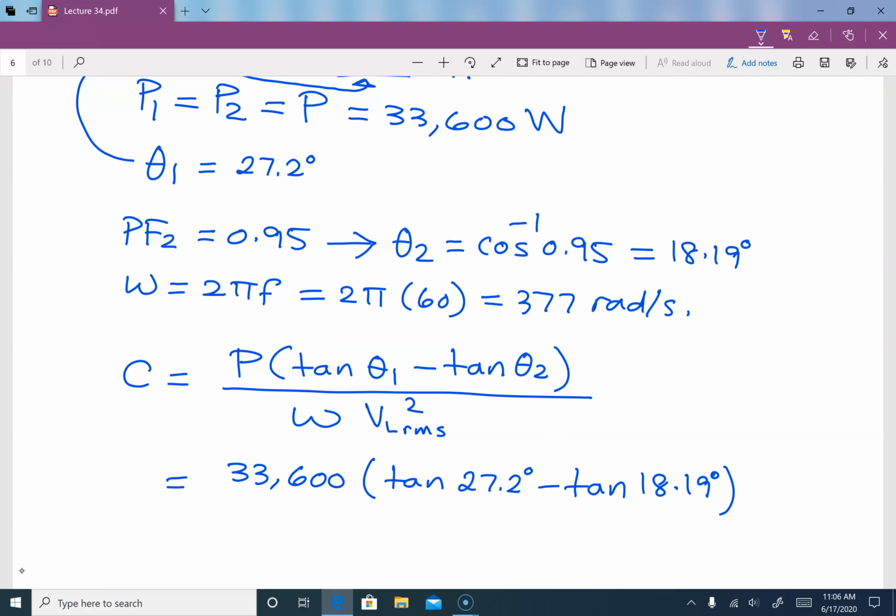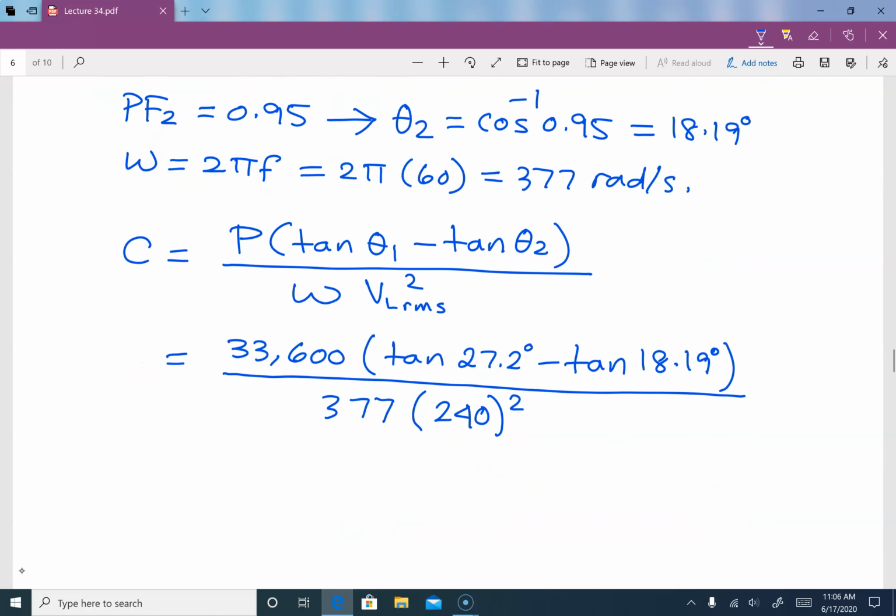This is what we like our capacitor to correct the power factor to, 0.95 lagging, so the corresponding angle is 18.19, divided by 377 times our voltage. If you look at our circuit, that voltage is across the load, so that is 240 squared, and the answer here is 286 microfarad.